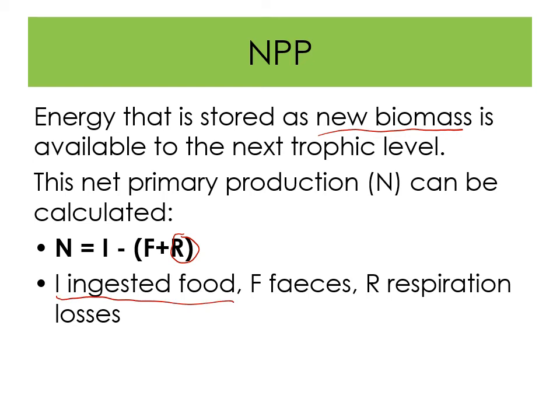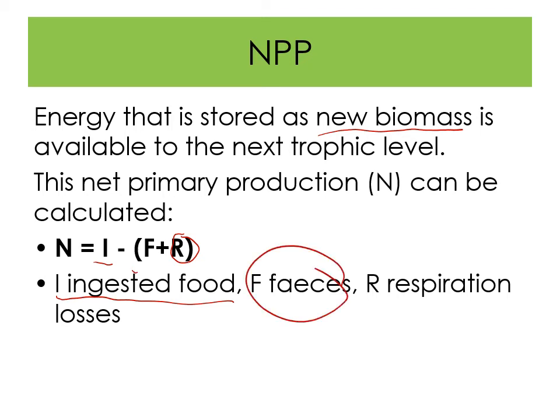Okay, because these are heterotrophic organisms, we have to eat either plants or animals, so there's food ingested, and the losses now are still respiratory losses. But for animals we've got losses in our feces as well.